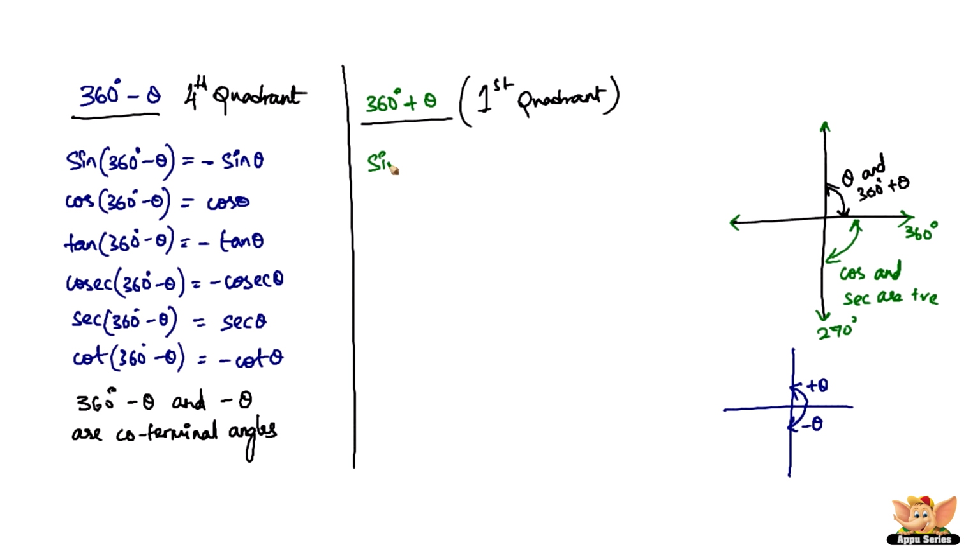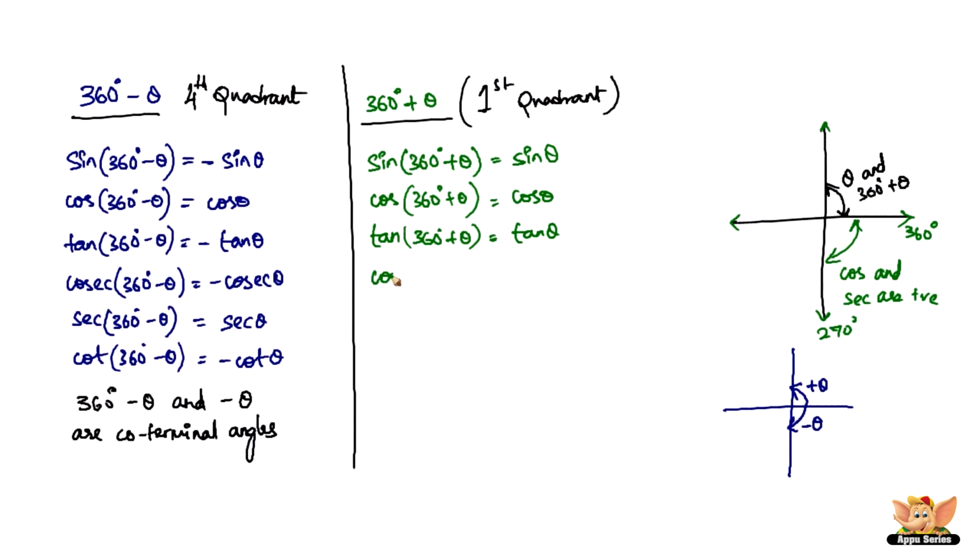So sine of 360 degrees plus theta is going to be sine theta. Everything is positive here. 360 doesn't change anything, remember? So cos of 360 plus theta is going to be cos theta. And tan of 360 degrees plus theta is going to be tan theta. And cosecant of 360 degrees plus theta is going to be cosecant theta.